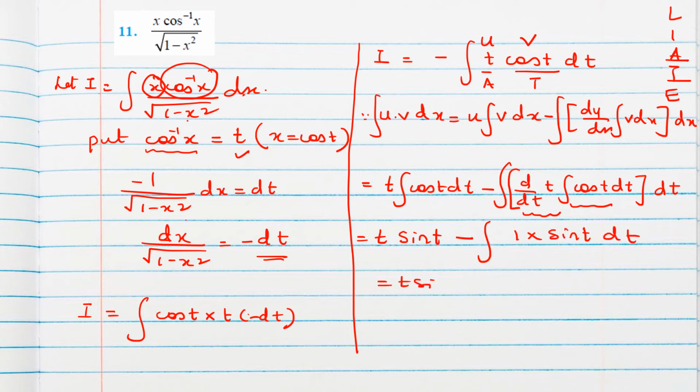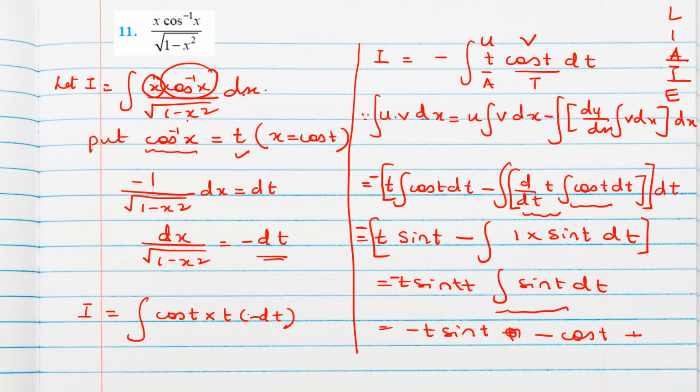So t sin t, see, minus is already there outside. So keep this minus sign outside. So minus sign and minus minus plus, integral sin t dt. Now we know the integral of sin t is minus cos t. So we can write minus cos t plus c.